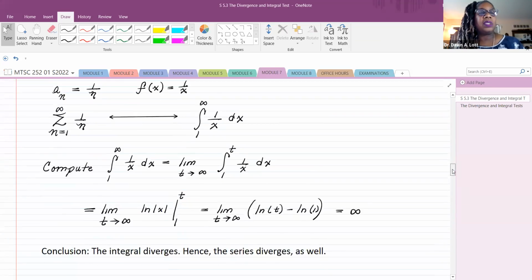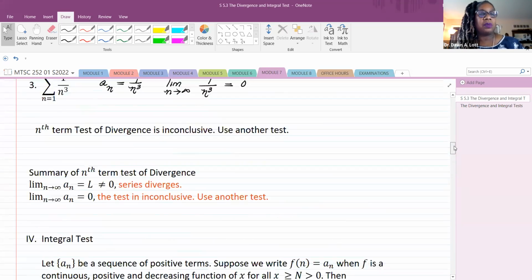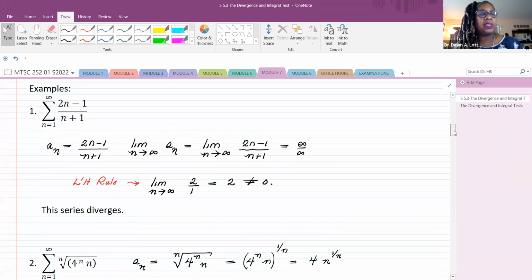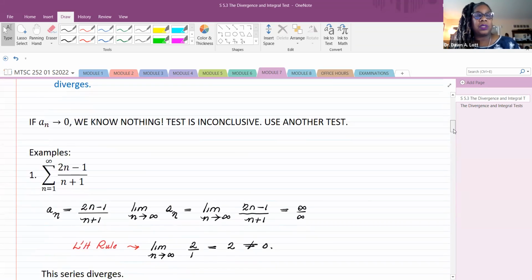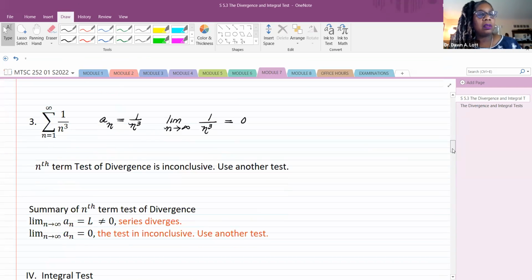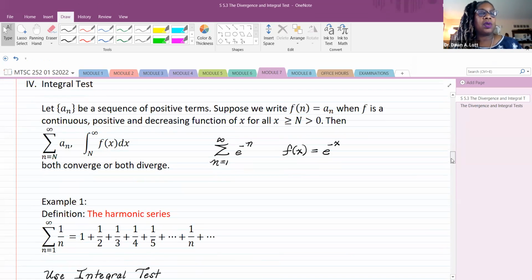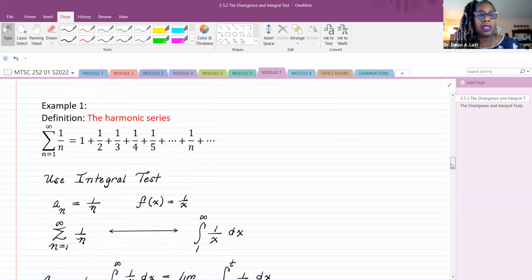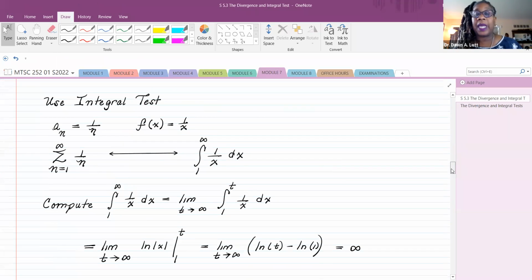Okay, so notice in the last two tests that we did, which are the nth term test of divergence and the integral test, we actually don't know the value of the series. For the integral test, the actual sum of the series is unknown, but we know it converges to something.